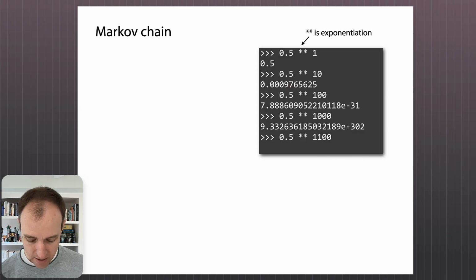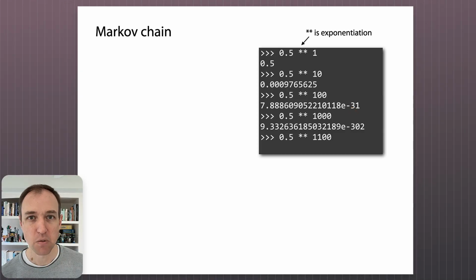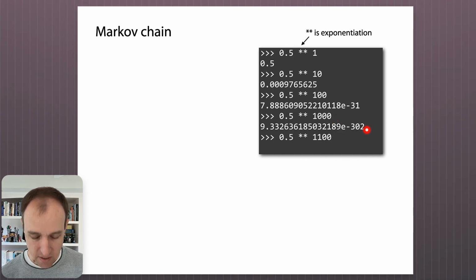Okay, now let's take 0.5 and raise it to the 100th power. So 1/2 times itself 100 times. We end up with something to the negative 31, right? So much, much smaller number, obviously. And if we do it to the 1000th power, we get something with negative 302 in the exponent.